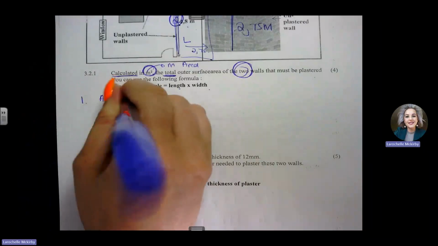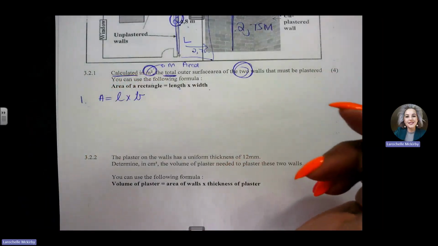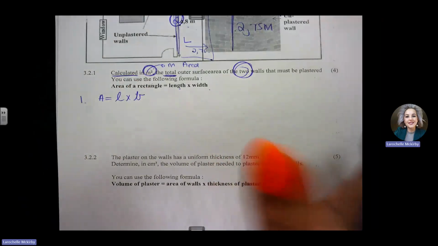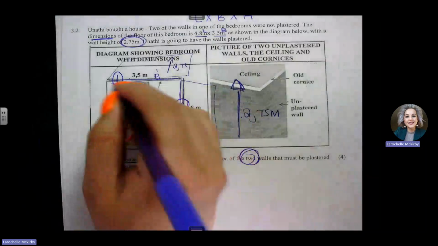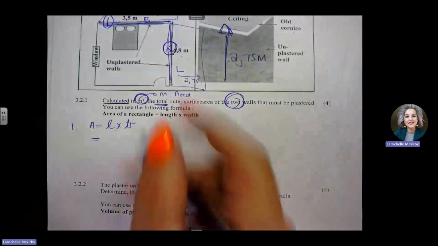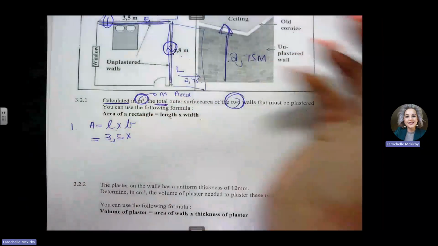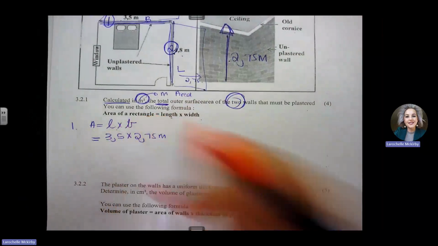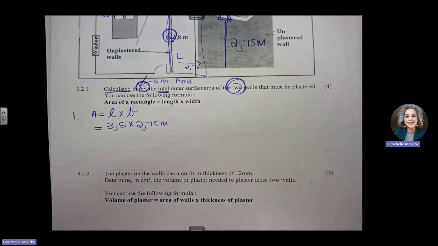Area equals length multiplied by breadth or by width. Let's say we're not technical, but basically it's the same thing. So the length of the wall is basically this part here. We say 3.5. And the width of the wall, or in this case, the height of the wall, is 2.75 meters. Everything is in meters, so my answer will come in meters.